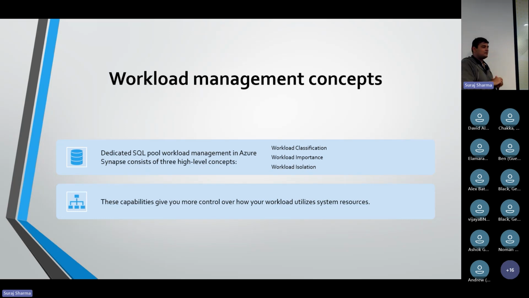As soon as you do the classification, the next important feature is importance. How important is your query? If a query comes from the CEO and a query comes from the data analyst, the CEO's query takes precedence. That kind of importance you can do on the workload. There are 5 kinds of workload importance available to configure.